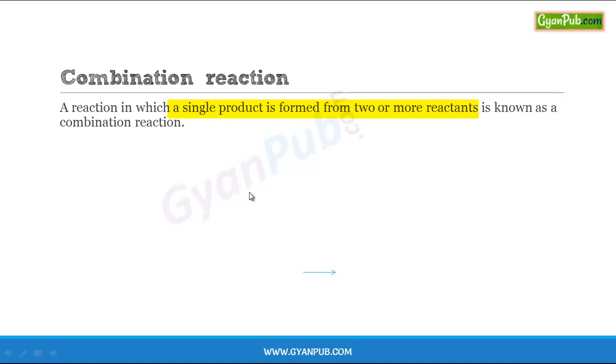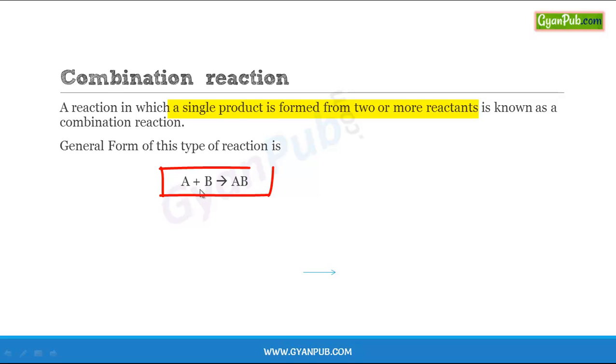A combination reaction is a reaction in which a single product is formed from multiple reactants. That is, if two or more substances combine together to form a single product, then it is called a combination reaction. The general form of this type of reaction is A plus B gives rise to AB.